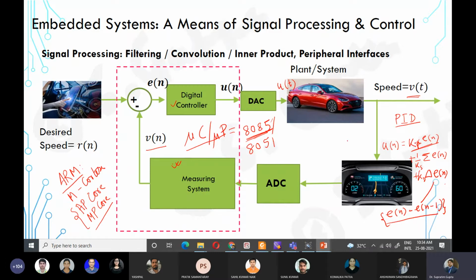You will see later on that we have the instructions for arithmetic operations for all the processors which are available in the market. So what we need to do is utilize those instructions to accomplish these operations.